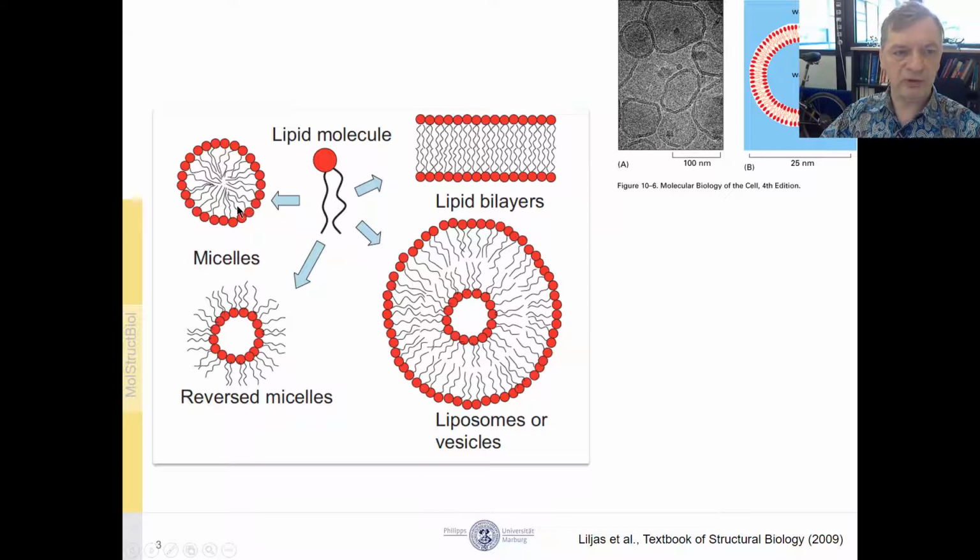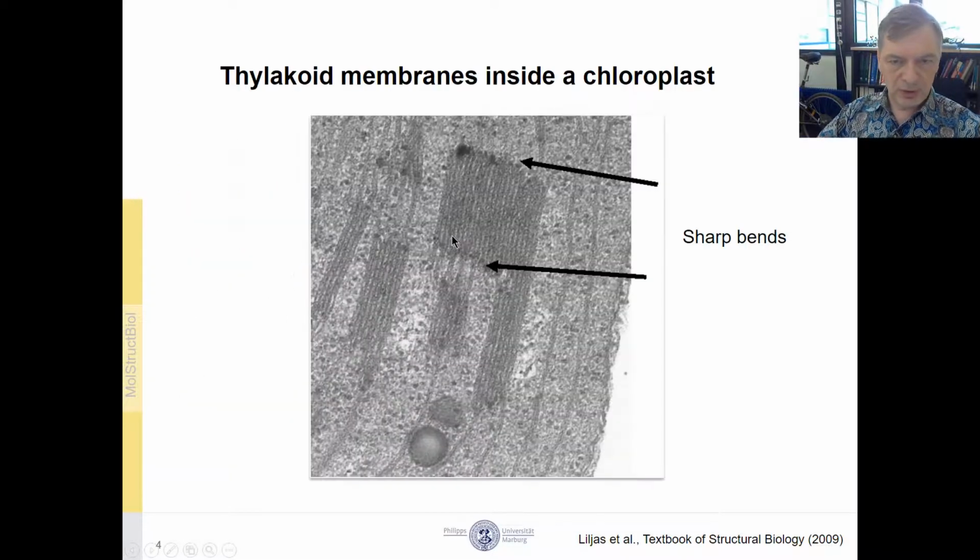They form micelles, bilayers, vesicles, liposomes, or even reversed micelles, depending on the water content. So these are the aggregated forms of lipids. And what they are really doing, whether they form micelles or lipid bilayers and so on, is pretty complex. So when we consider lipids as parts of our cells, they are hugely determining for the overall function of cells.